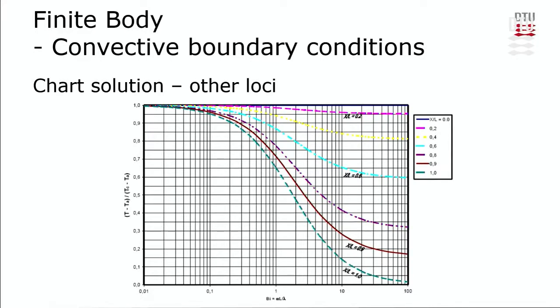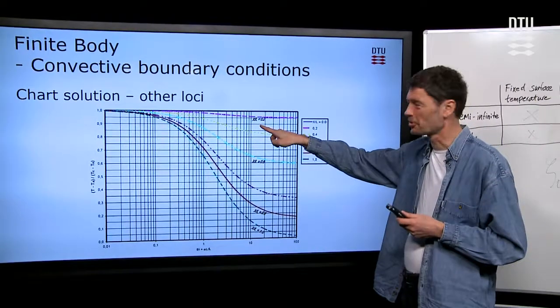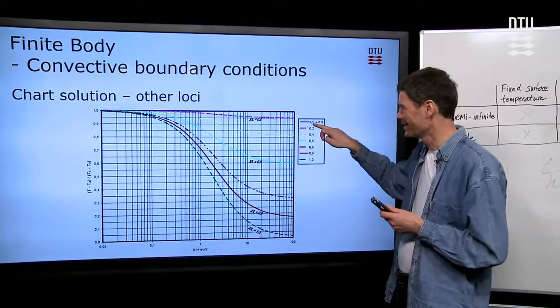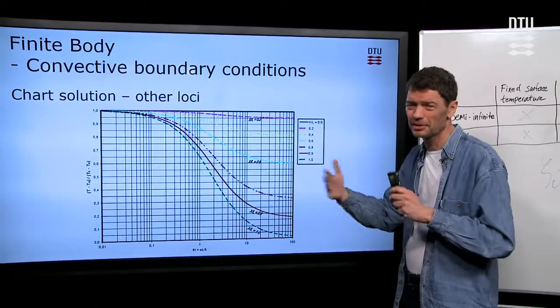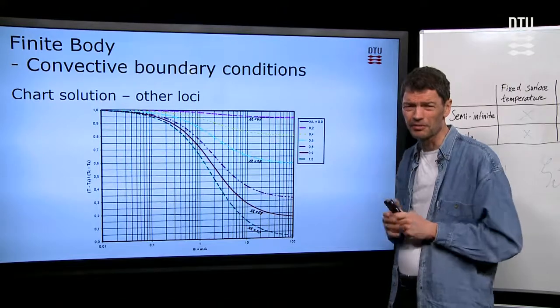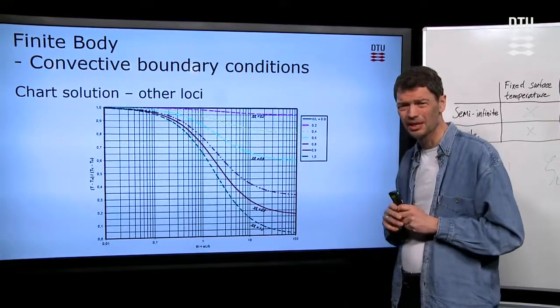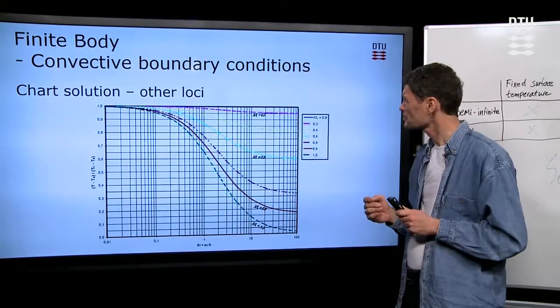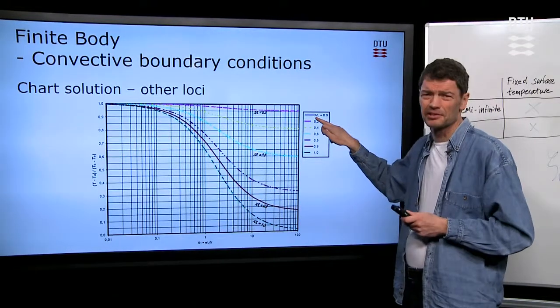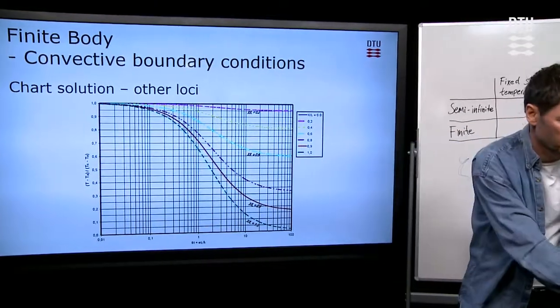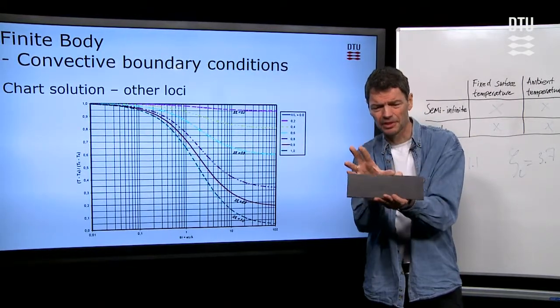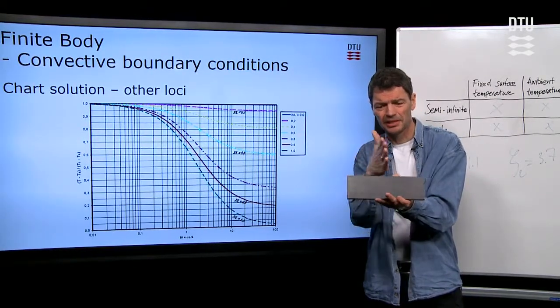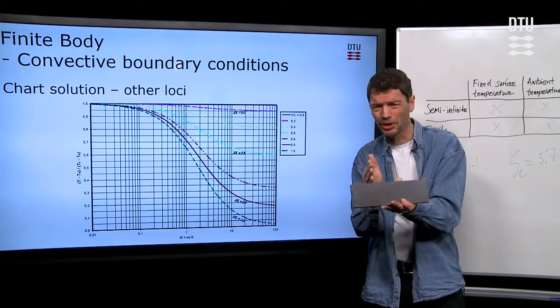And to read where you are, you have to insert that location, x over L. L is the characteristic length of the material, which is half of the thickness of a double-sided exposed material. And x is the distance from the center of the material. So for this material, capital L would be half of the thickness of the material. And x is the distance from the center where we are.